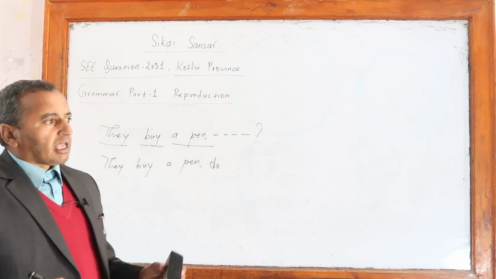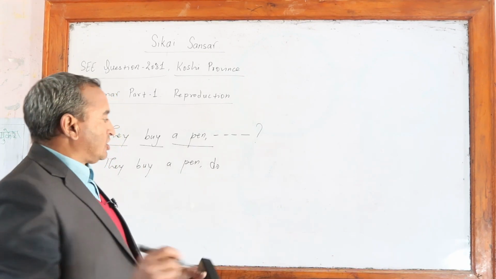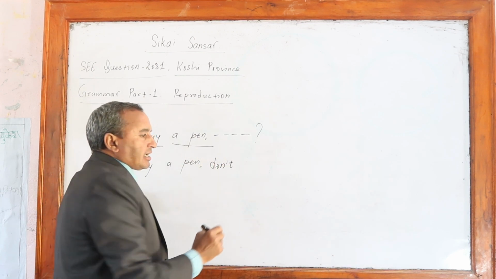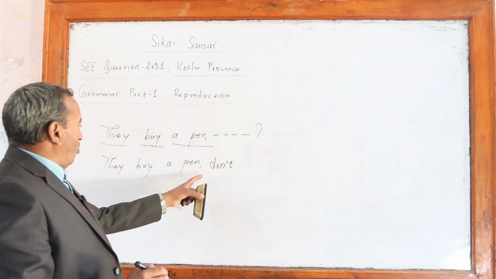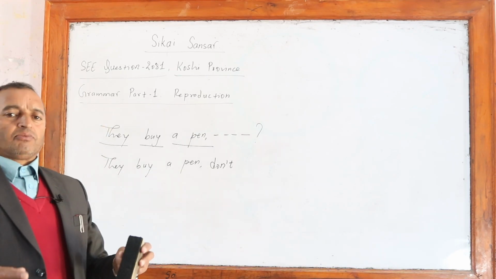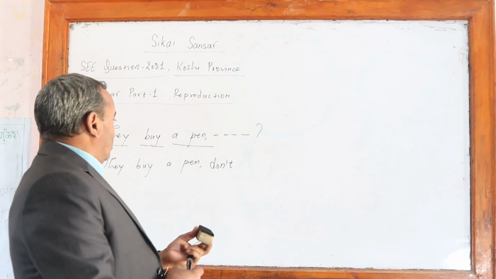Okay, again there isn't a "not" in the sentence, it is in the affirmative form, so we need "not". And we have to contract again as we have done earlier. So "don't". And what is the subject? "They". Again, it is in pronominal form, it is a pronoun. So we have to write it in proper form.